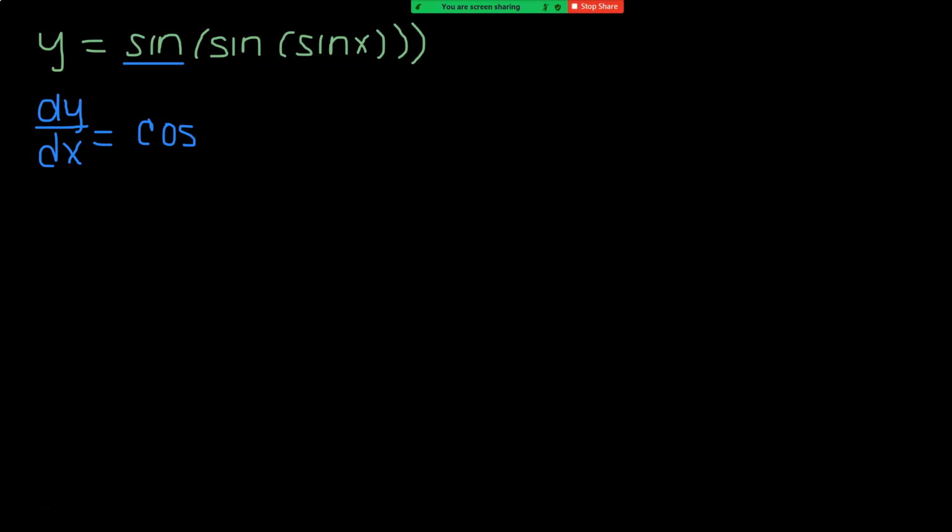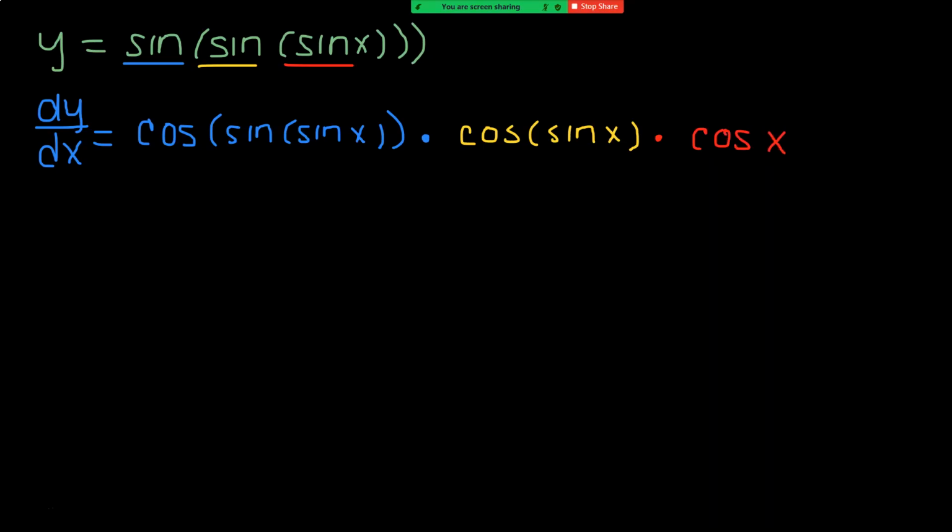So it's cosine, sine of sine, times the next one, exactly. So the derivative of sine, once again, is cosine. And that doesn't simplify.